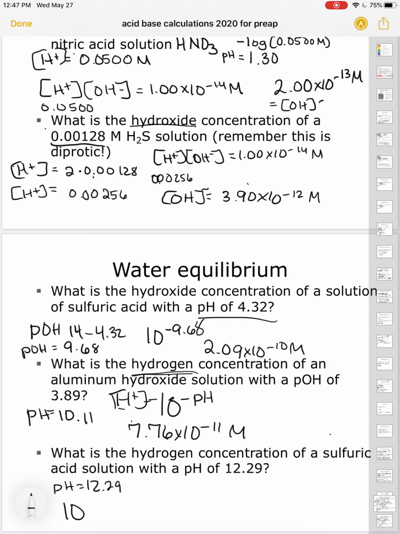All right, so we're going to do 10 raised to the negative 12.29. Then I'm going to divide it by 2 because it's sulfuric acid. Okay, get my calculator out.